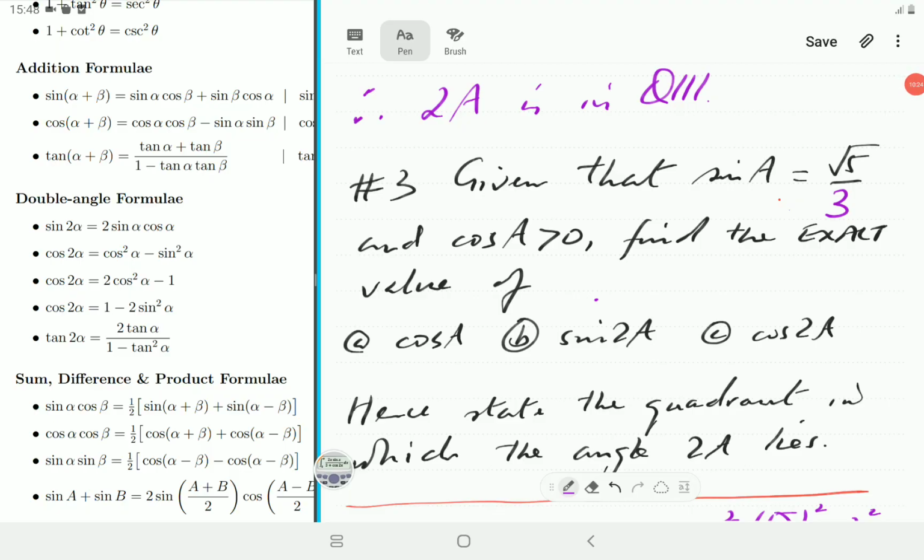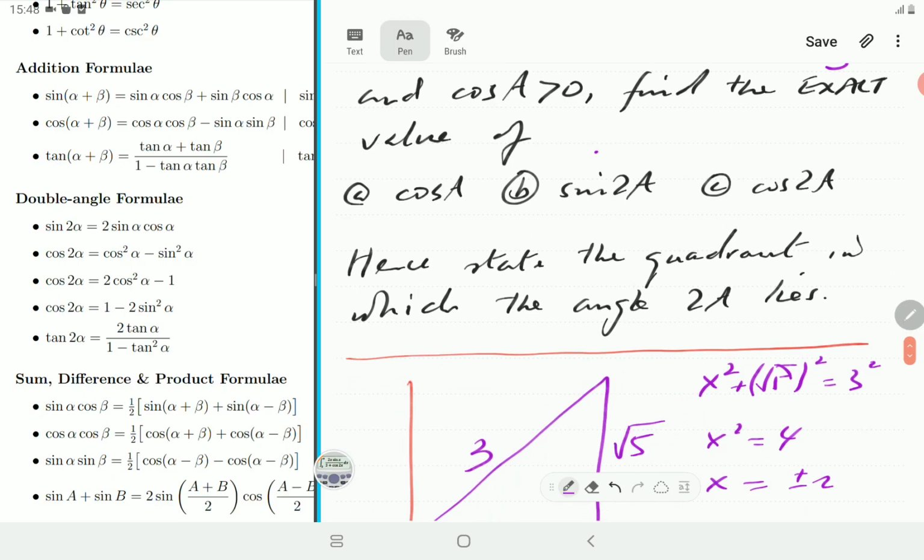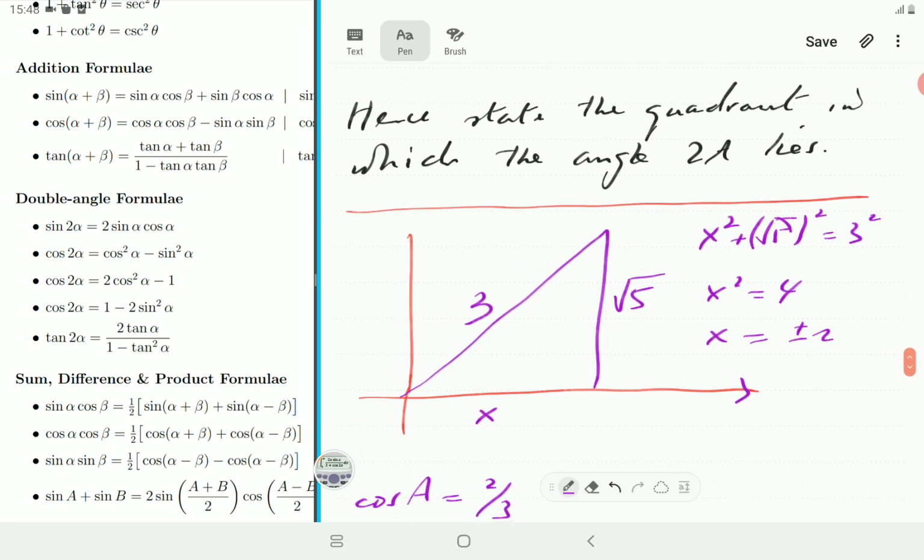All right, so taking it that you have already tried this question on your own. The sine of A is a positive number, and we're told that the cosine is also positive, so this number must be in quadrant 1.